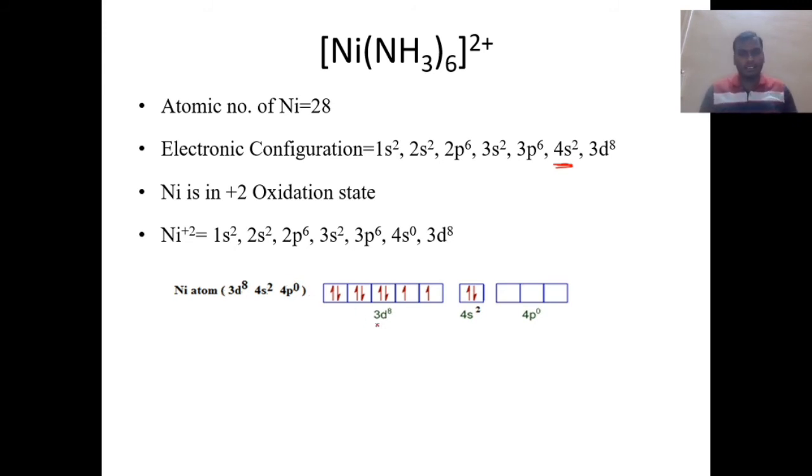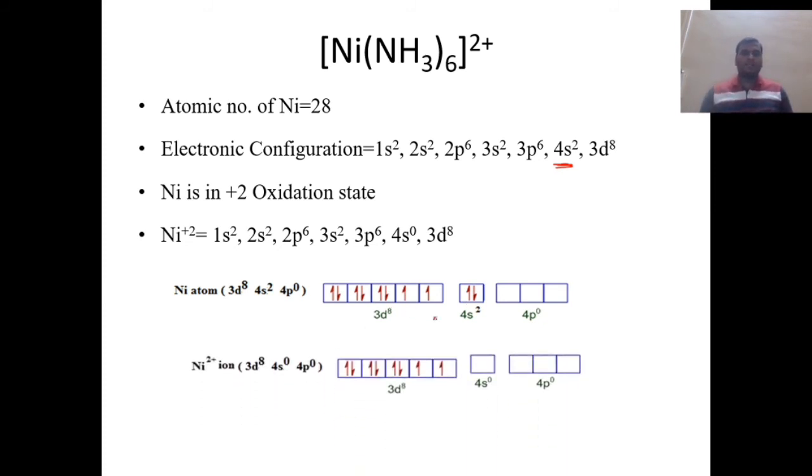See here, you can see 3d8, 4s2. So whenever nickel goes to Ni2 plus, at that time it loses 2 electrons from the 4s orbital. So here we can see 2 unpaired electrons.